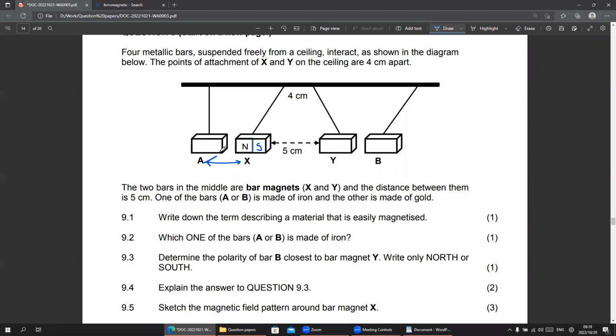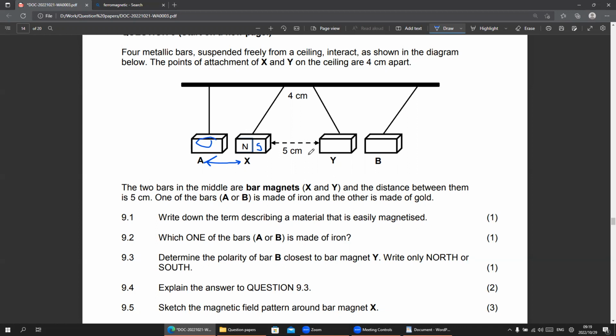That means there's no interaction with the magnetic field between the material that is used to make A and the magnet. So since you know that gold does not display strong magnetic properties, you can see that A is probably the one that is made out of gold.